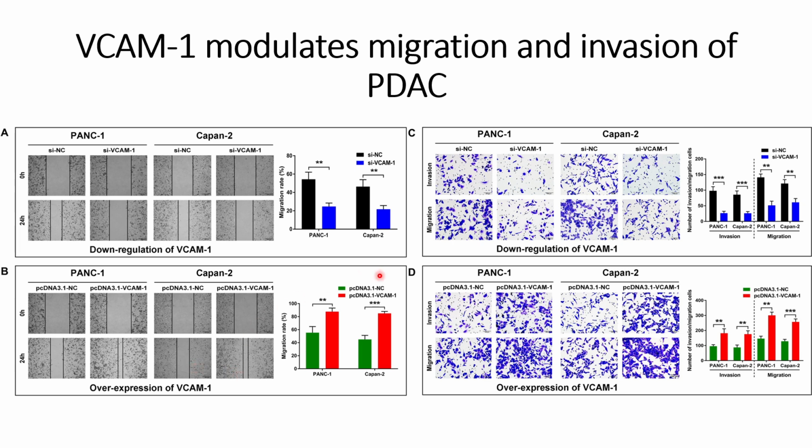And this is quantified on the right hand side, where we can see that for multiple runs there is an increase in the migration rate, and that is statistically significant for both the PANC1 cells and the KPN2 cells, indicating that VCAM is directly proportional to the migration and invasion of PDAC. When VCAM is high, the migration rate is higher, and when VCAM is low, the migration rate is lower.